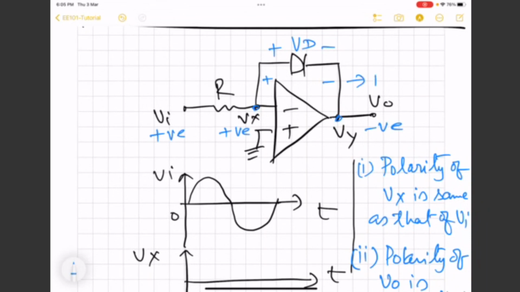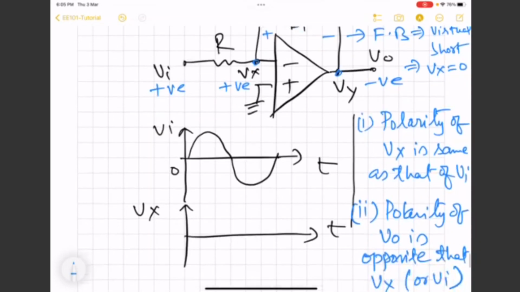So this implies forward bias, so this implies virtual short. So virtual short implies Vx is equal to 0. So during positive half, you are going to get 0 output.